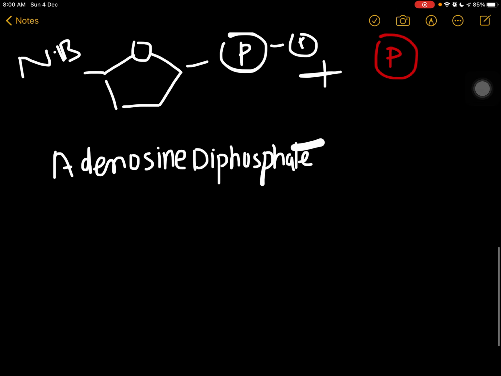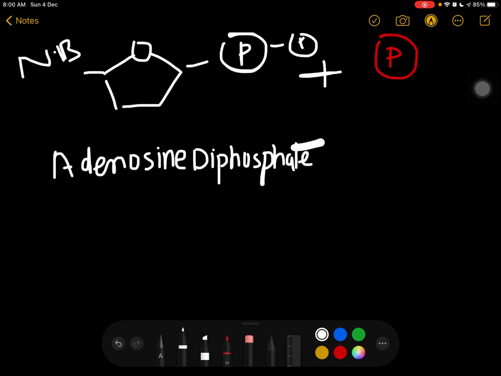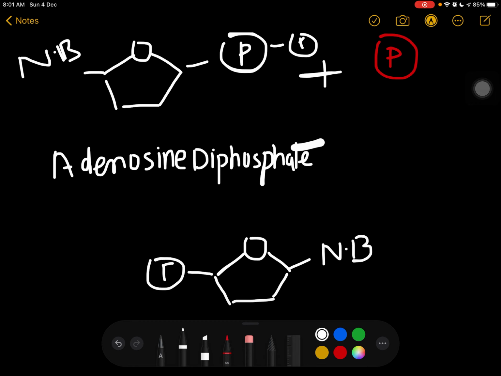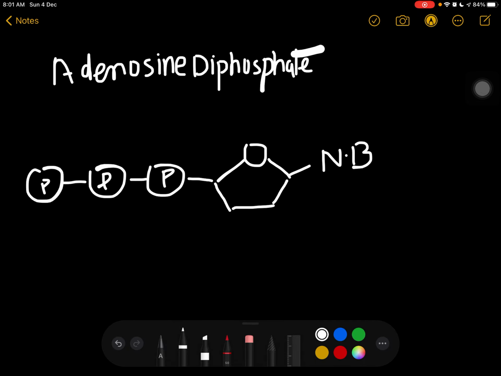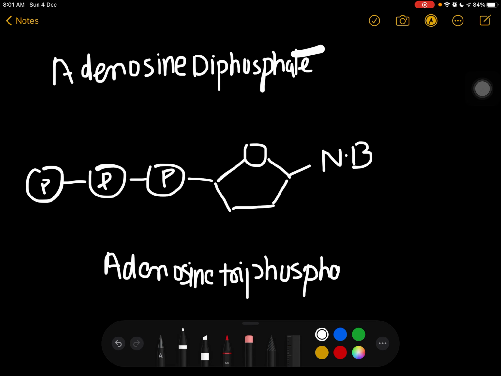Now when one more phosphate joins this, what will be the structure? This is the ribose sugar basically. Here the nitrogenous base will be attached, here phosphate number 1, phosphate number 2, and here another phosphate, right? Now this is known as adenosine triphosphate.